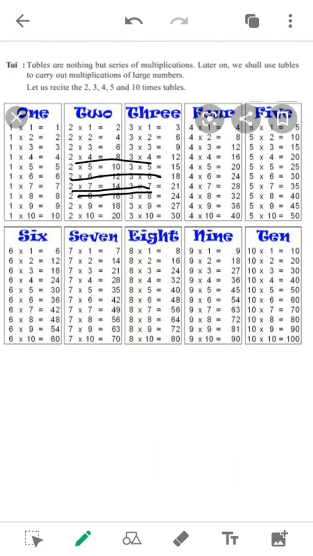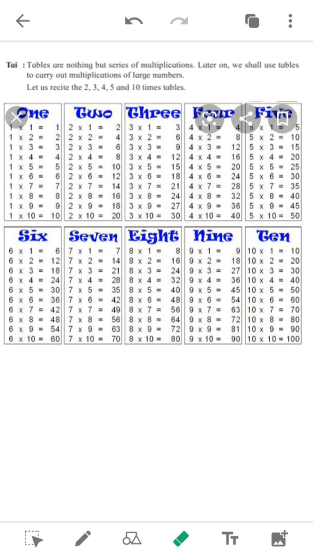Tables are nothing but series of multiplication. Later on we shall use table to carry out multiplication of large number. Okay, so let us recite the 2, 3, 4, 5 and 10 times table and also read 2 times in your SW book. So read along with me.